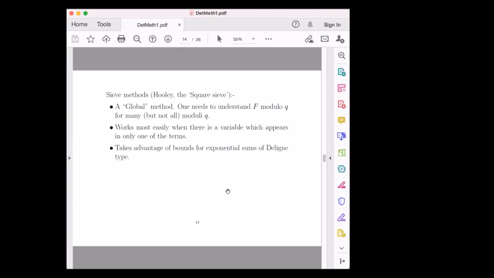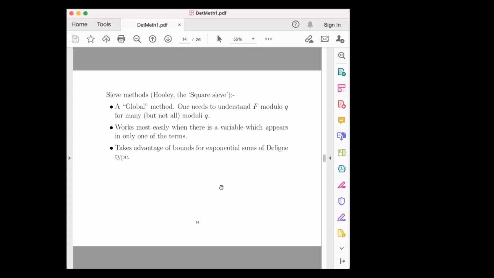Whereas the circle method is capable of giving an asymptotic formula, the square sieve and sieve methods in general will only give you an upper bound for the counting function N_B. Things work most easily when there is a variable which appears in only one of the terms. So again, there is some sort of structural requirement for the polynomial f.